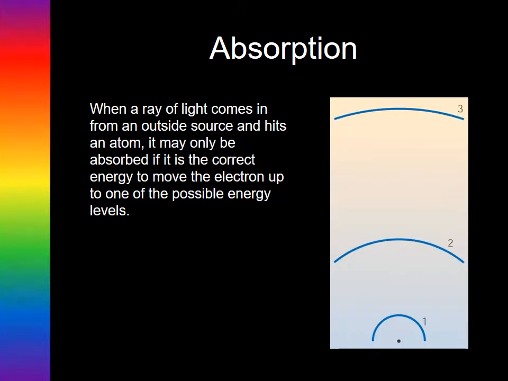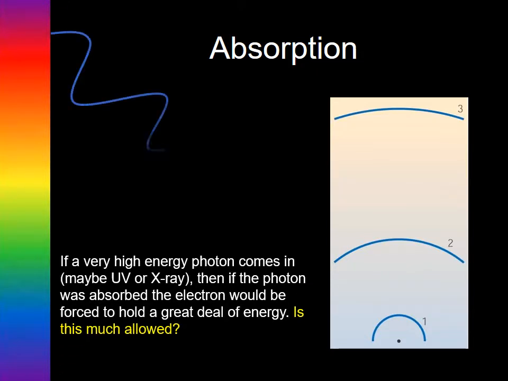So let's talk about what happens when a photon runs into an atom. In this case, let's consider a fake atom that only has 3 energy levels for its electron. Now this is much less than any of the real ones, but it makes it simple as a starting point. When a photon comes in, for example in this case maybe a very high energy one, ultraviolet or X-ray, then if the atom were to absorb it, it must take that energy in. Energy is conserved. It's neither created nor destroyed, so that energy that the photon carries must go somewhere.